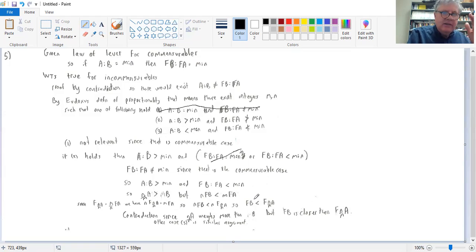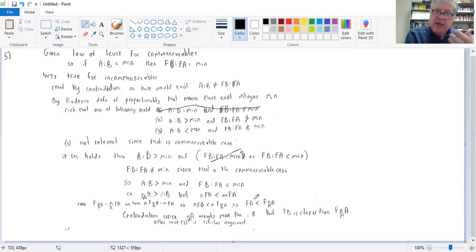Since the distance from the fulcrum to the weight N over M times A, remember that's a commensurable case, is M over N times the distance from the fulcrum to A, we have N times that distance from the fulcrum for N over M times A equals M times the distance from F to A. So N times FB is less than N times F of N over M times A.